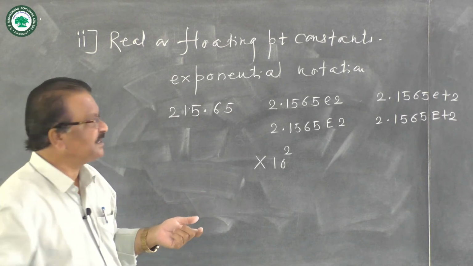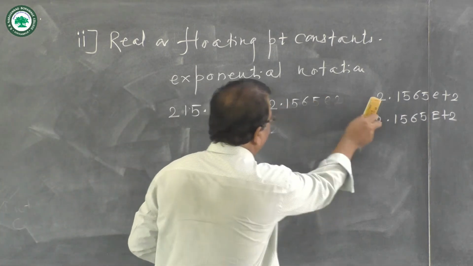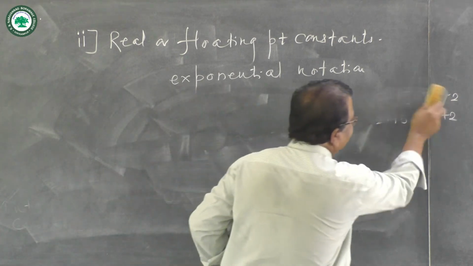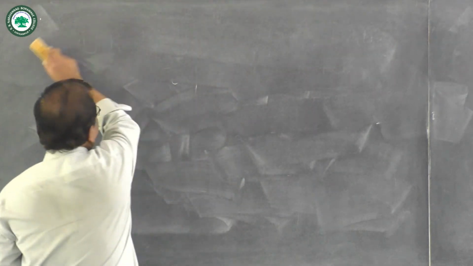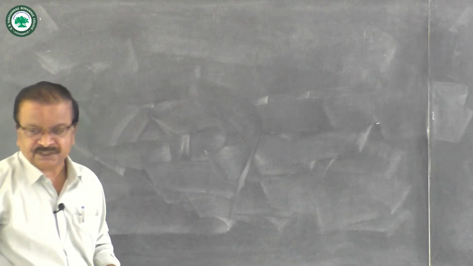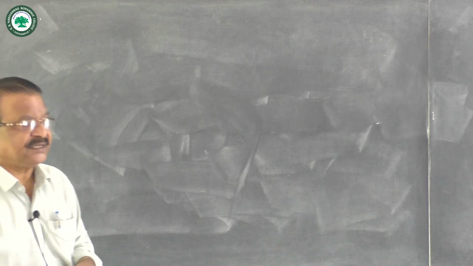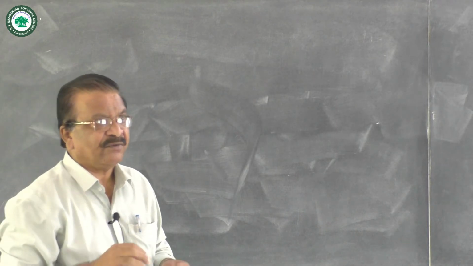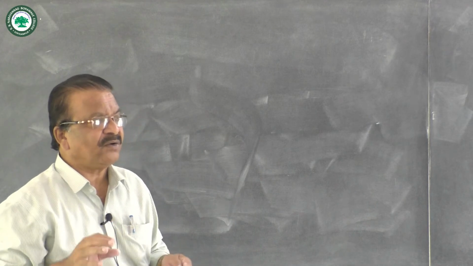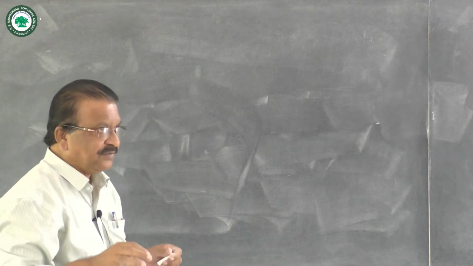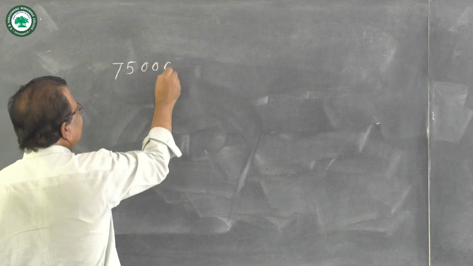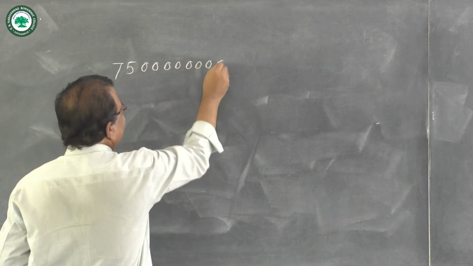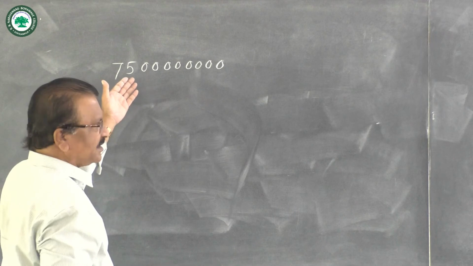This representation is useful for representing numbers that are too small or too large. This exponential or scientific notation is useful to represent a very large or very small number conveniently. Here is an example: 75,000,000,000, with 9 zeros after the 75.